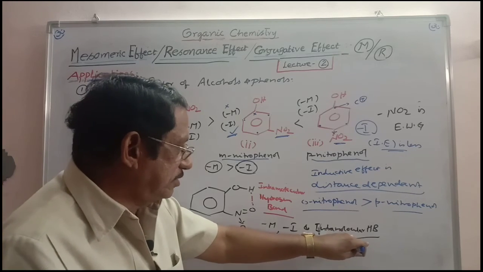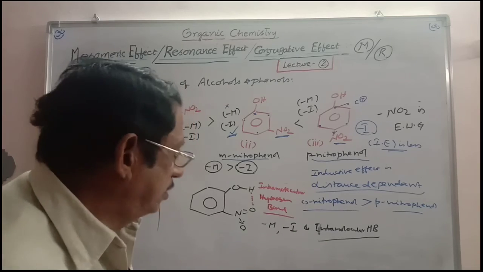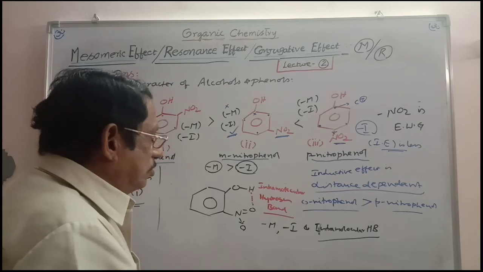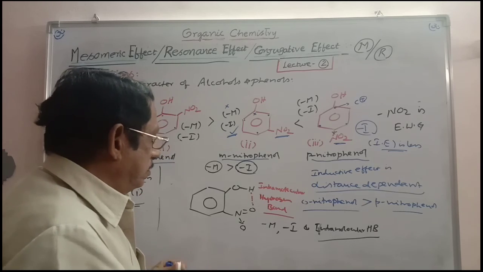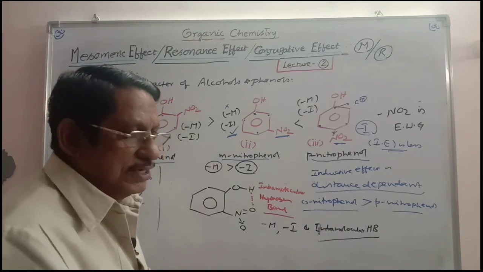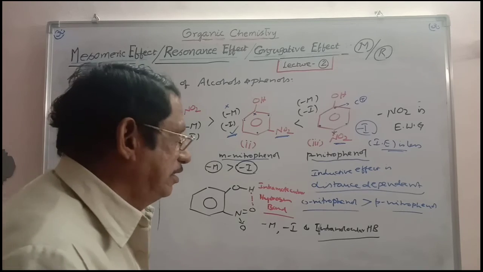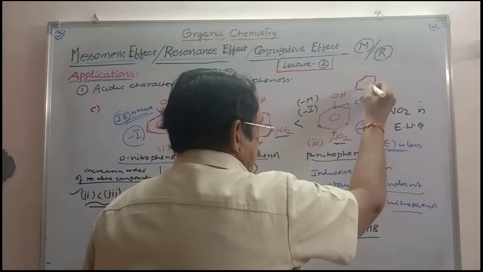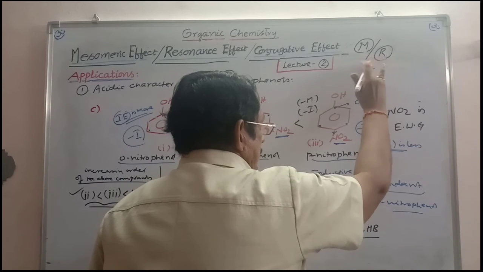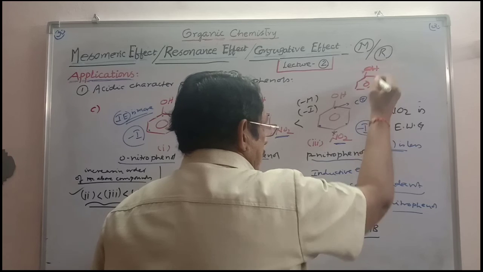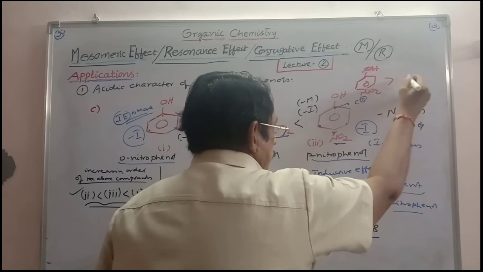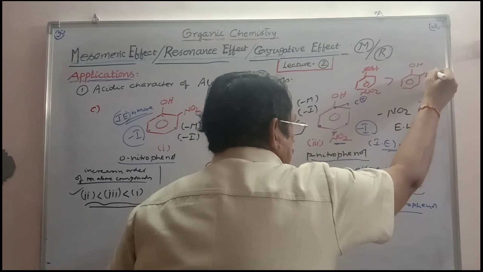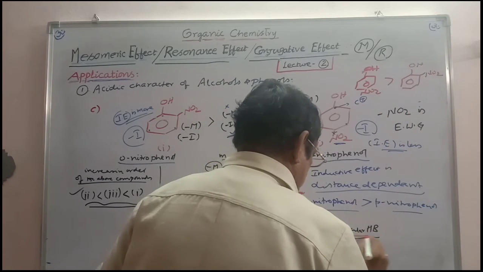Due to the presence of this intramolecular hydrogen bonding, release of proton becomes slightly difficult, and so, taking the pKa values or Ka values practically, it is observed that paranitrophenol is more acidic than orthonitrophenol. That is only due to the intramolecular hydrogen bonding.